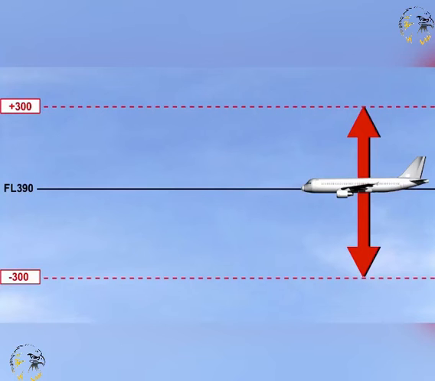There are some rules and procedures that define when an aircraft can be at, or assigned to, an altitude which is based upon the accuracy of the transponder. A particular level is deemed to be occupied when the aircraft is within a height bracket of plus or minus 300 feet of that flight level.